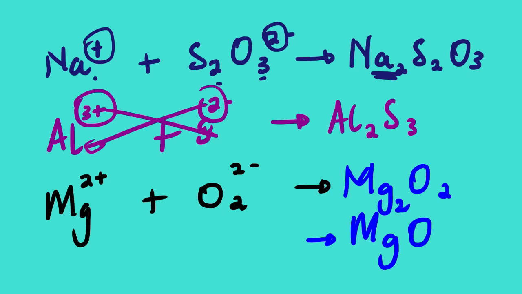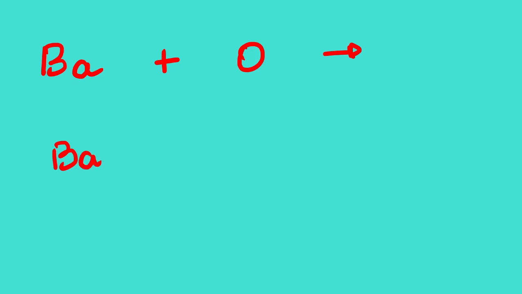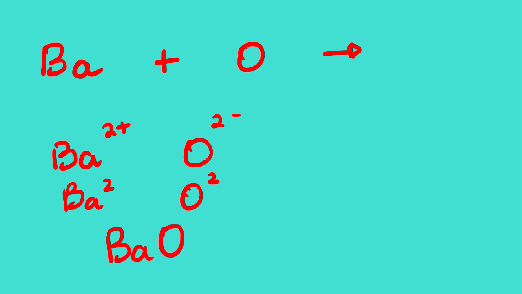Well, in a sense of chemistry, we can accept that. Another example would be barium reacting with oxygen. Barium has a formal charge of 2 plus, then oxygen has a formal charge of 2 minus. In this case, we have Ba2O2. Then on the cross multiply, we are going to have BaO. Don't forget to include this, it's a diatomic.